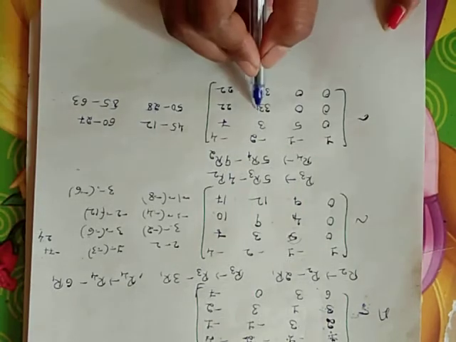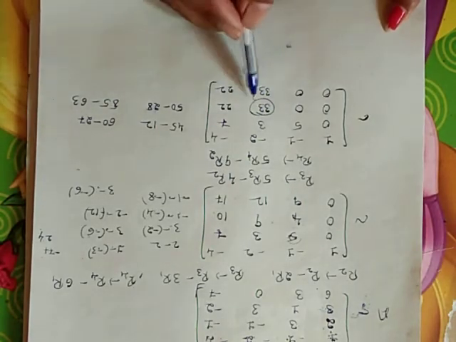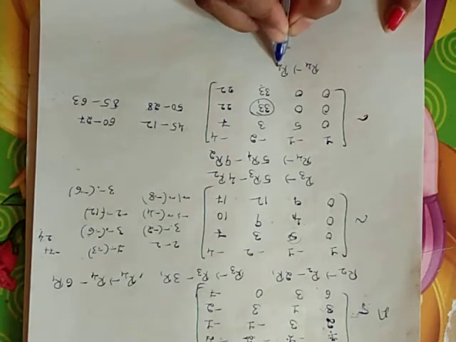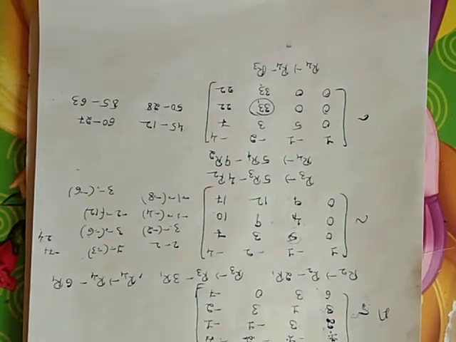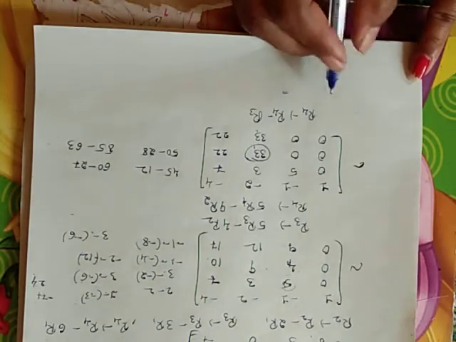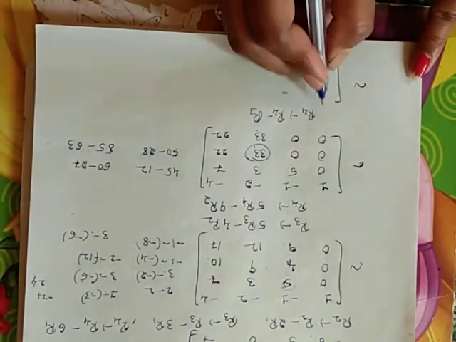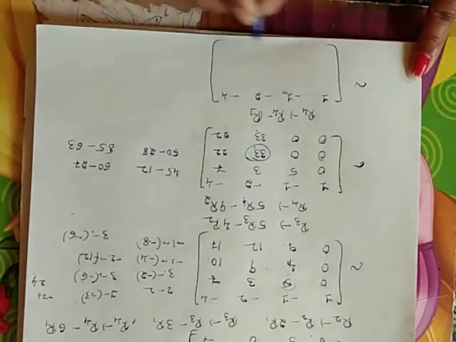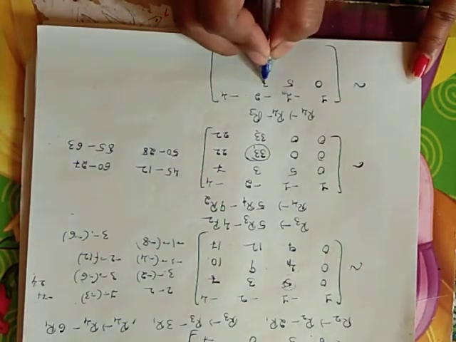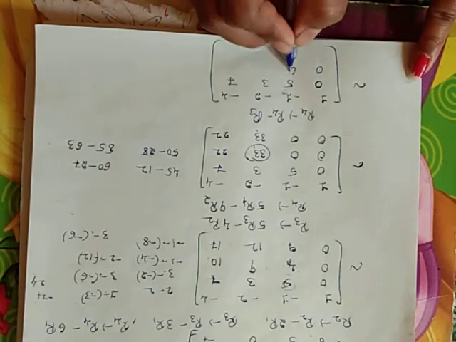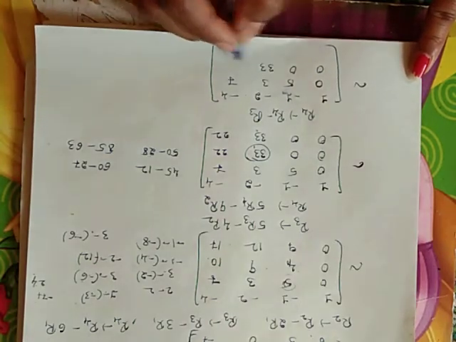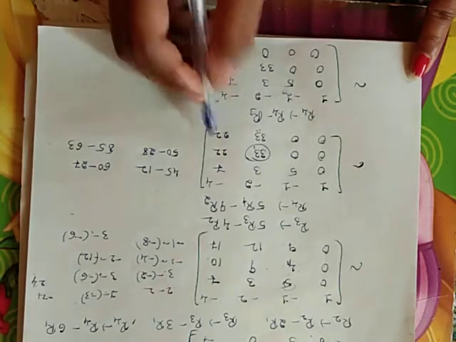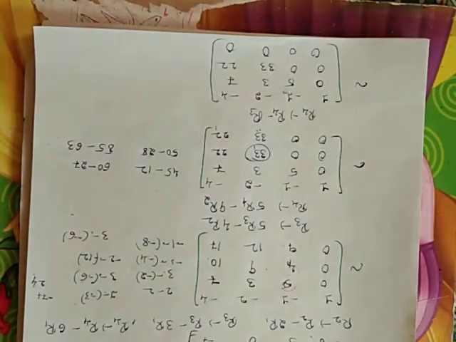Now using the third row, third element as a leading term, make the element below it 0. So now R4 tends to R4 minus R3. Now the matrix is equivalent to first row elements as they are, second row elements as they are, third row as it is, fourth: 33 minus 33, 0. 22 minus 22, 0.